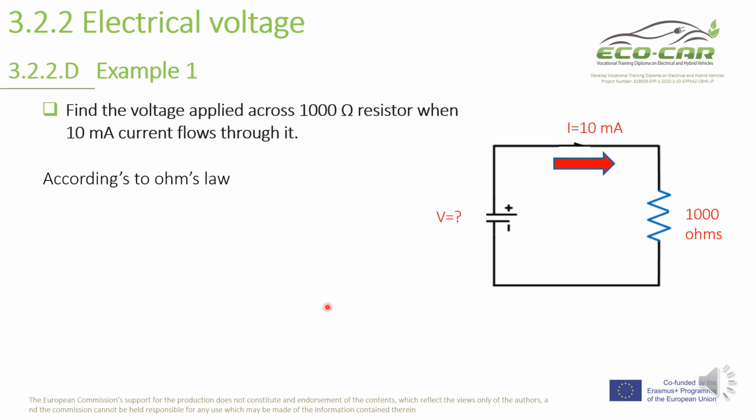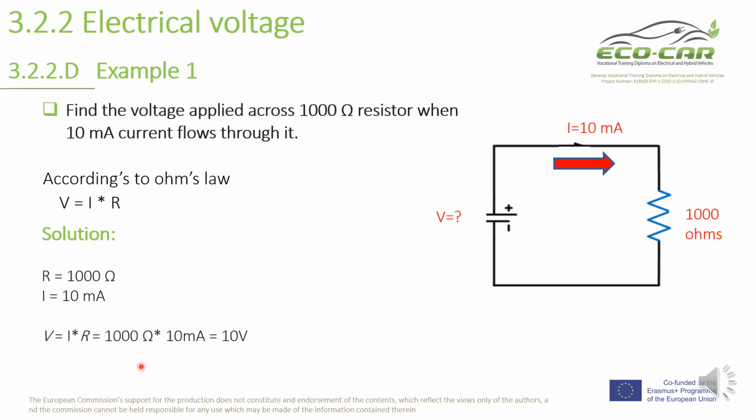According to Ohm's law, voltage equals current multiplied by resistance. Solution: since R equals 1000 ohm and current equals 10 milliampere, according to Ohm's law, voltage equals 1000 multiplied by 10 milliampere, which equals 10 volt.